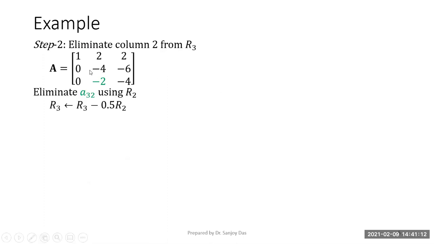So if I multiply this with half, because this is 2 and this is 4, right? So I take half of the R2 and subtract it from R3. So this is my row operation. What do I get?